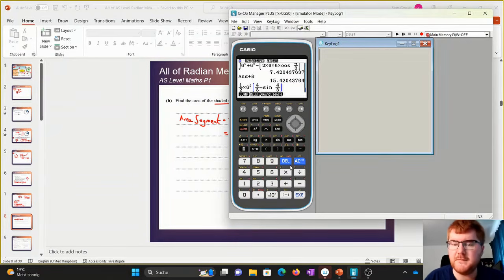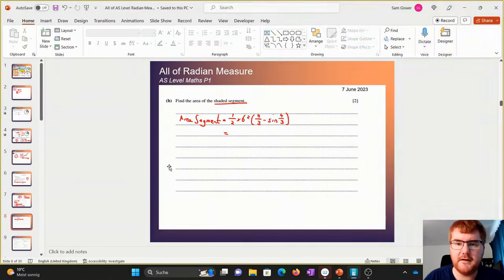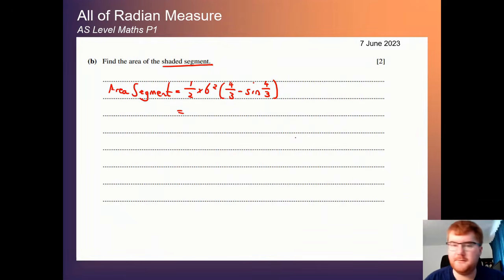You always do a double check before you pop this in, and you get our answer of 6.505... dot, dot, dot, and we'll round this to 6.51 to 3 significant figures, and then our units are square centimeters.